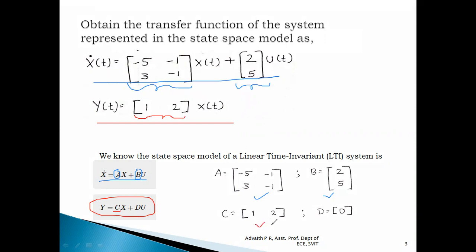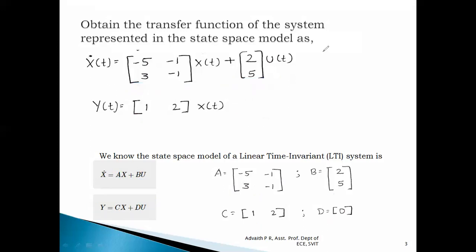So that forms C matrix. And finally, in place of D, we don't have any elements here, so D matrix is equal to 0. So these are the 4 matrices which we have obtained from the given state space model.